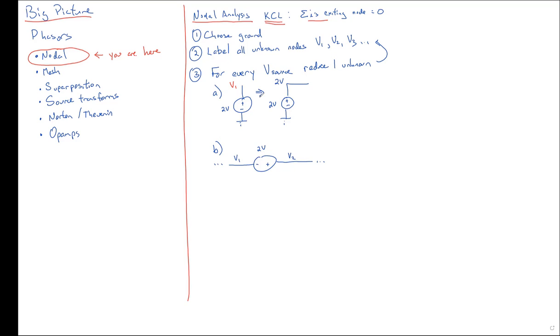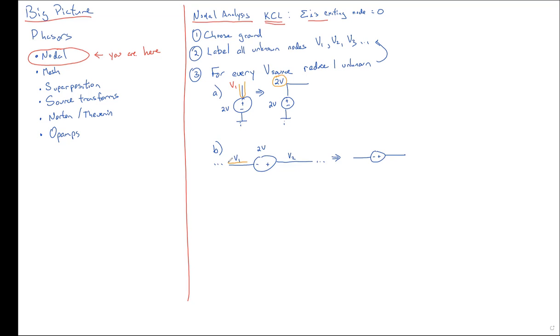Anyone? What will we transform this into? Supernode. A supernode. So when you summed up the currents exiting the node, that whole node just goes away. This is part of the node before, and now after your transform, you don't worry about what that node is because you know what it is.